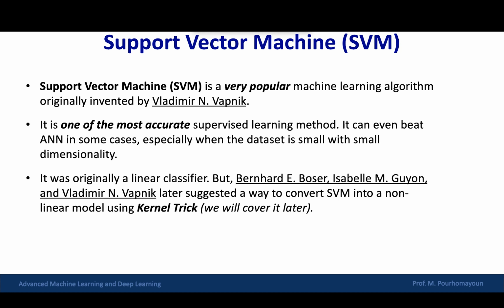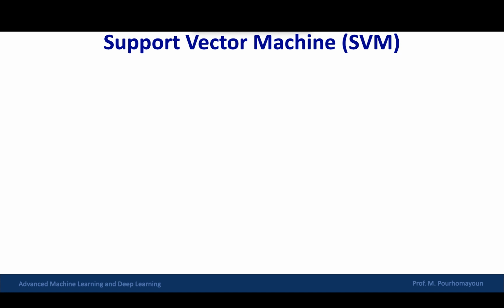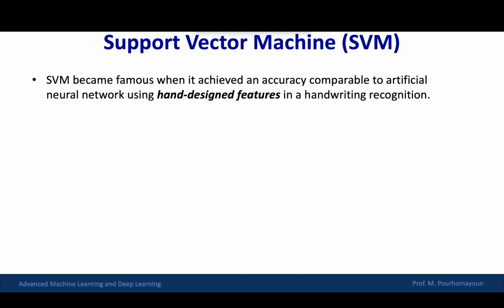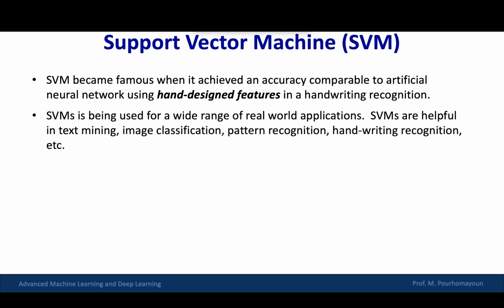It was originally a linear model, but later some other articles suggested a way to convert linear SVM into nonlinear SVM using kernel trick that we will cover later. SVM became famous when it achieved an accuracy comparable to artificial neural network using hand-designed features in handwriting recognition.